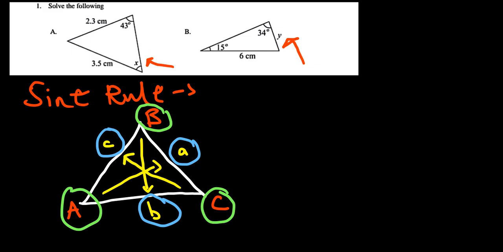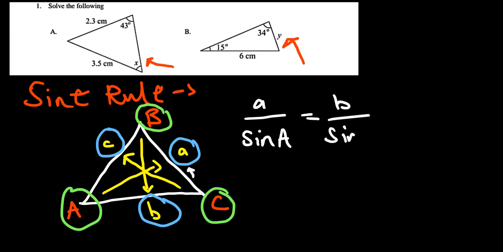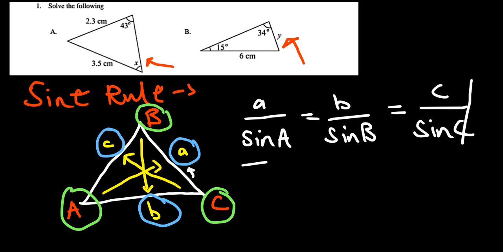The sine rule states that if you divide any side, for example side a, by the sine of its angle A, this will be the same as side b divided by sine B, which will also be equal to side c divided by sine C. What I've written here is what we call the sine rule.